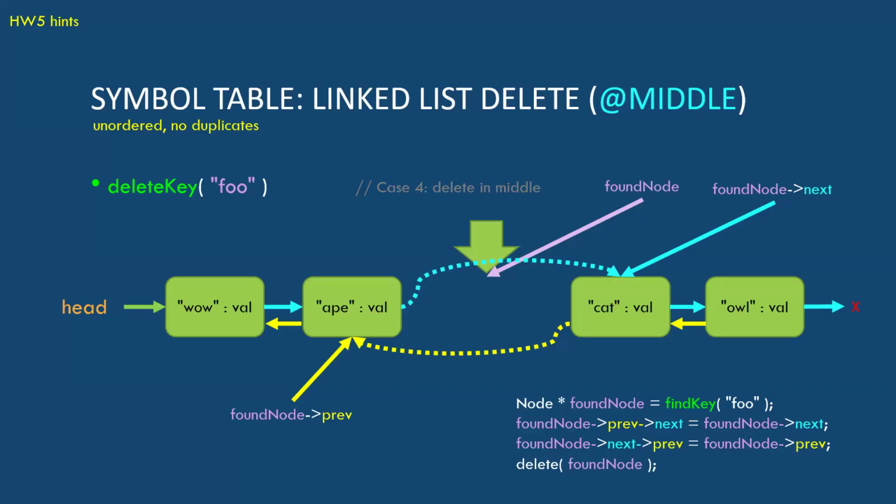And it's really important, especially when you're dealing with linked lists, to break things down into cases. And the order in which you do them is important. If you try to tackle the middle first, you're going to need some additional code to tell when you're in the middle.